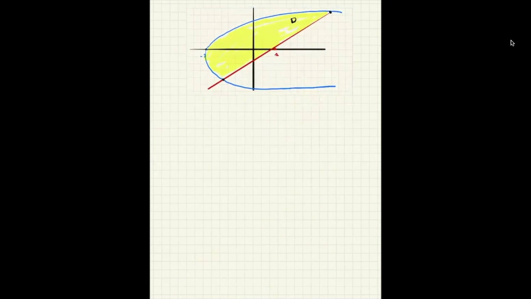So we first find the intersection, given by when these two functions are equal, which means that 2x plus 6 is equal to x minus 1.